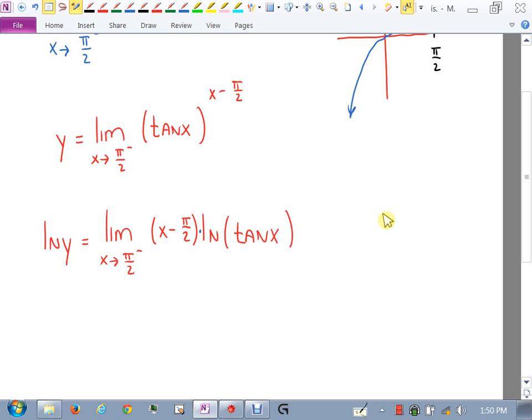So what kind of form do I have here? This piece turns into what? 0 times, drum roll please. Tangent of pi over 2 is infinity. Well, undefined, but as we're going towards pi over 2, this is going to infinity. What is natural log of infinity?